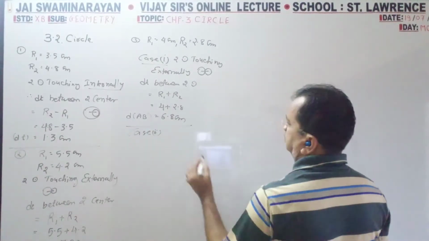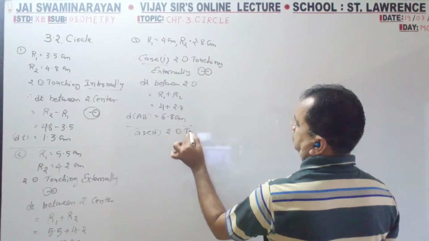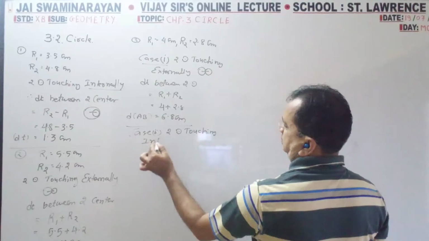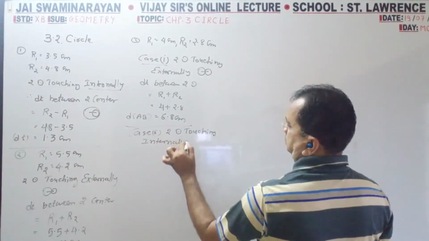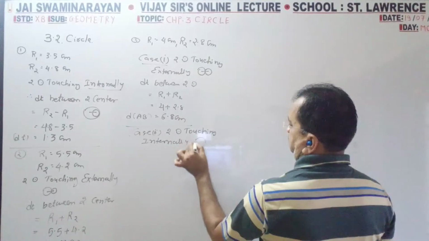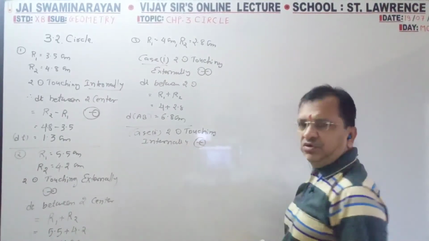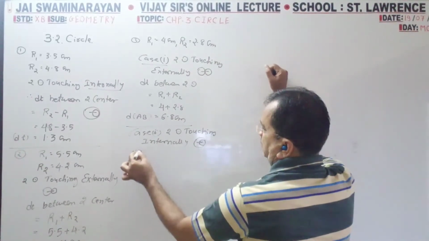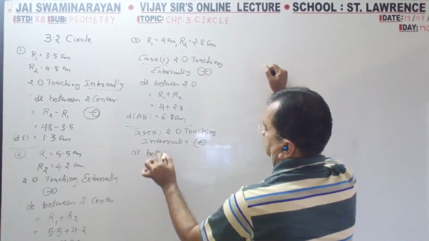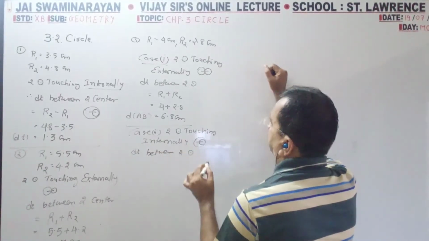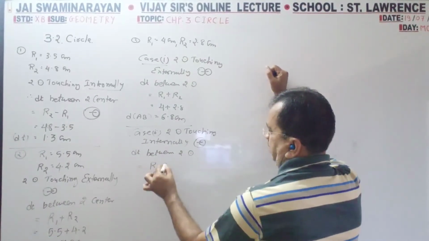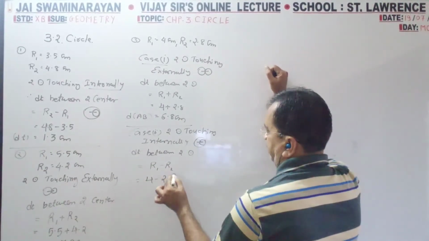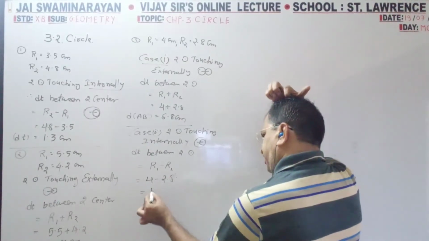Case 2. Two circles touching internally. You don't need to draw the diagram. Distance between two circles is R1 minus R2, 4 minus 2.8, 1.2 centimeter.